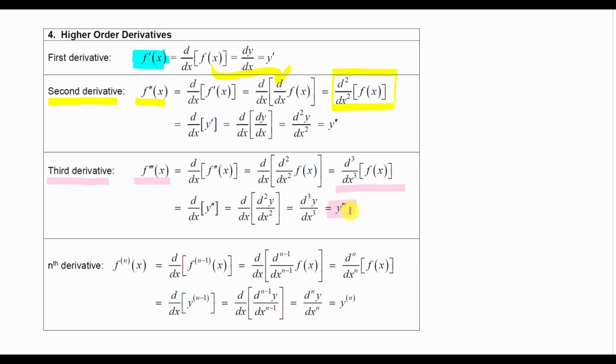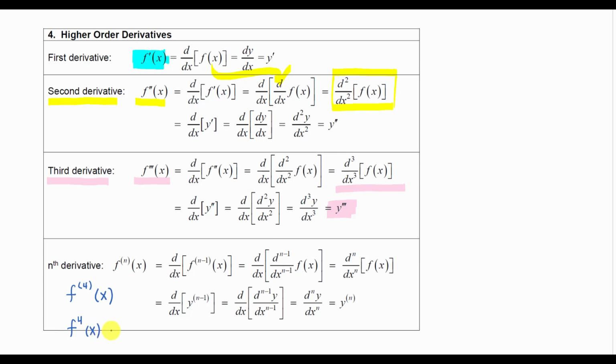From the fourth derivative, we do not use prime anymore. You use f, and on the upper right corner of f, you put little parentheses and put a number there. For example, if you want the fourth derivative of f, that will be f fourth derivative of x. Don't write f to the power 4 of x.